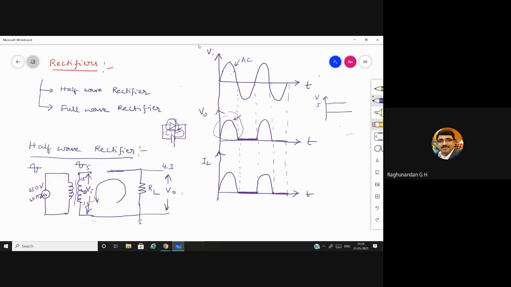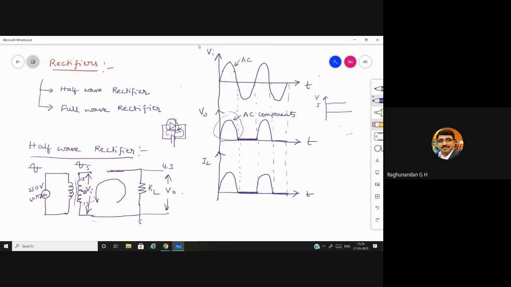See, anything I told you, anything which is going to vary with respect to time is AC. DC is constant with respect to time. For any time, it will be constant only. So at the output, if you are getting a shape like this, that indicates it is containing AC components in it.